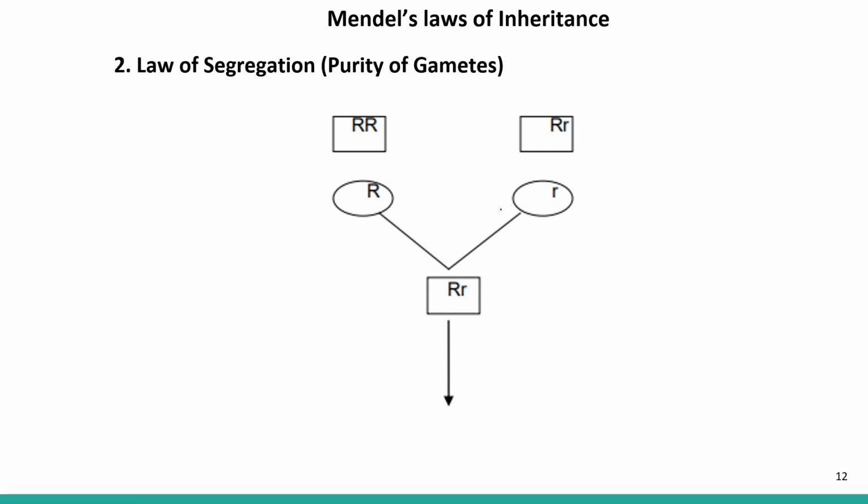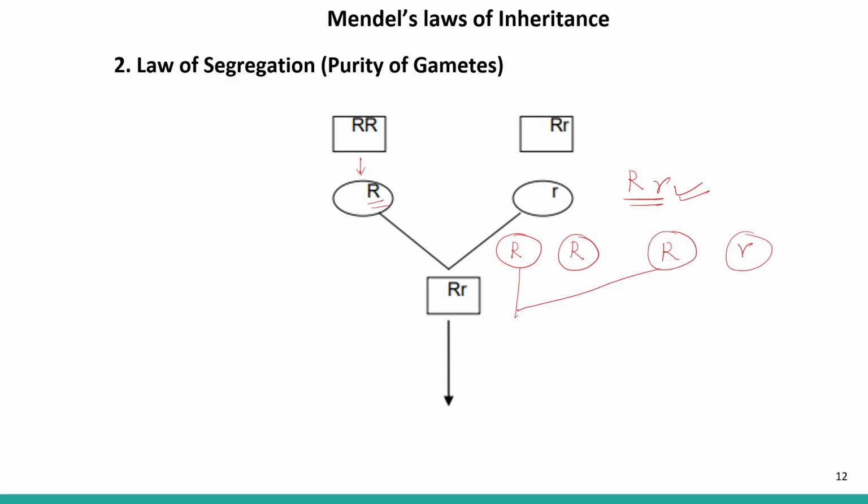So what happened at the time of gamete formation? This will form capital R type of gamete and this will form capital R and small r, two types of gametes, right? So what happened?